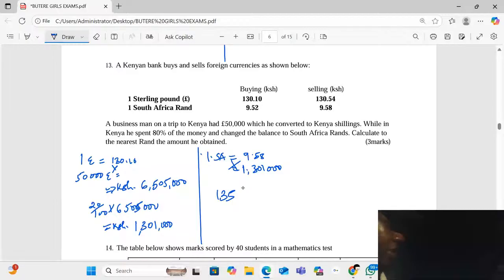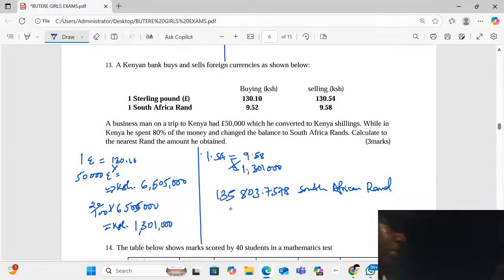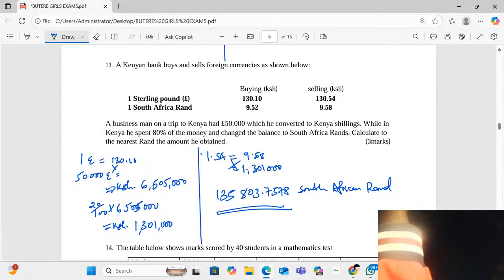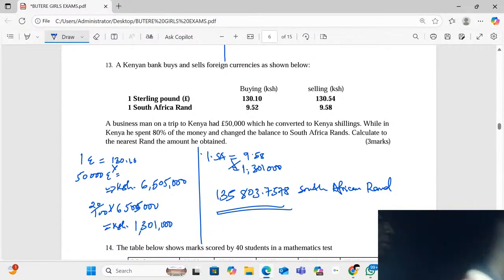We get 135,803.75. So this is now the amount that he received in South African rand. That's simple. Then we get that is 3 marks. Get your 3 marks.